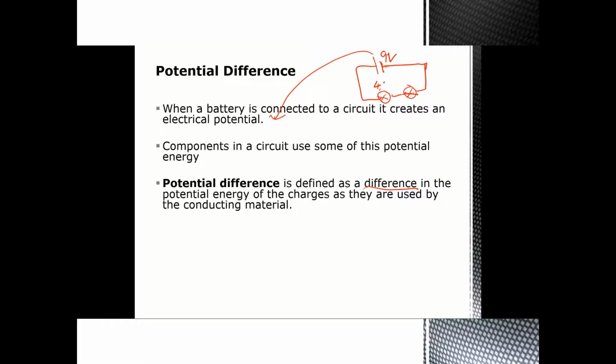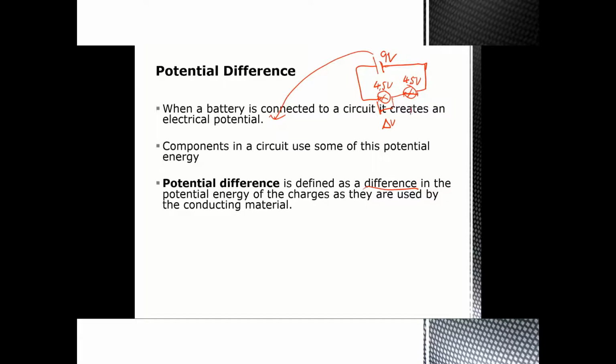So this will have 4.5 volts go through it, and this will have 4.5 volts. So the voltage is going to be measured as 9 volts going in, 4.5 going out here, and here will be 4.5 going in and 0 left.